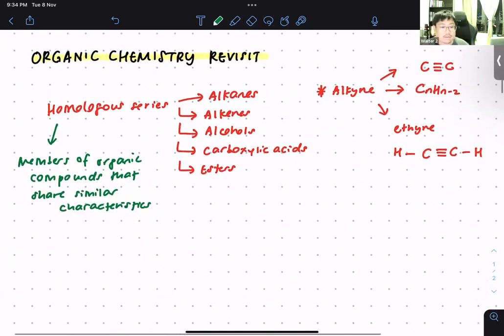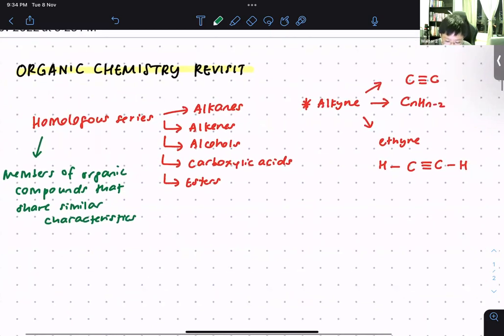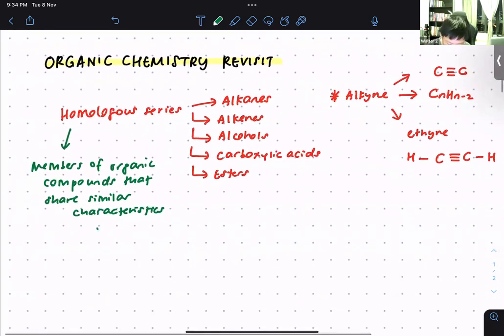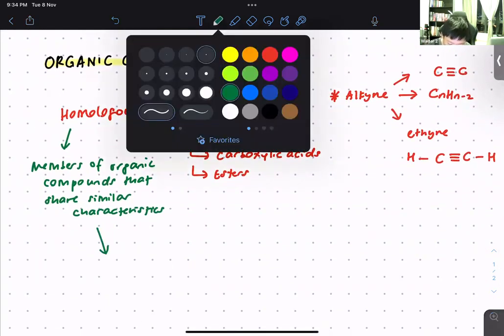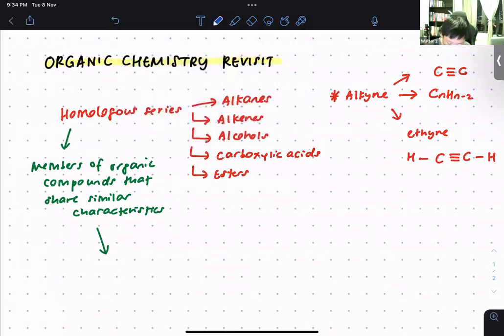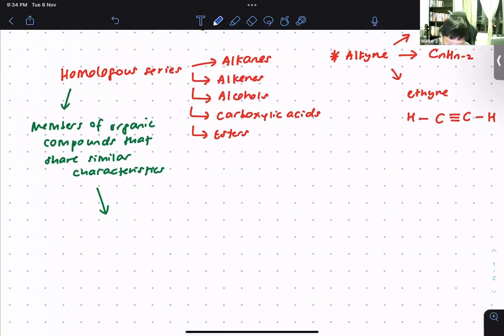So the question now is, what are those general characteristics? Let's talk about the general characteristics. I'm going to do everything in point form, easier for you to use for revision.